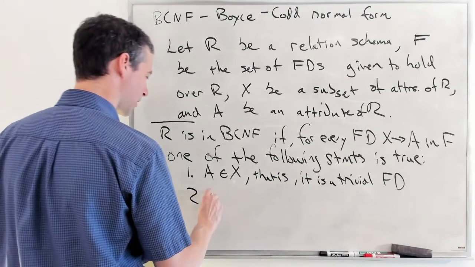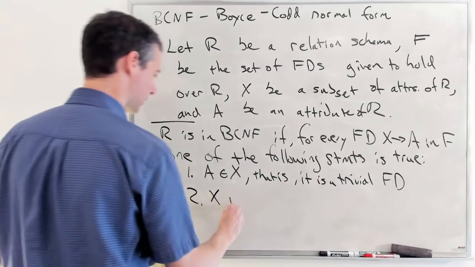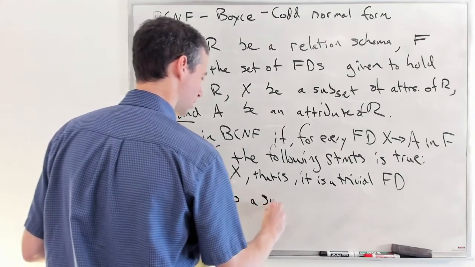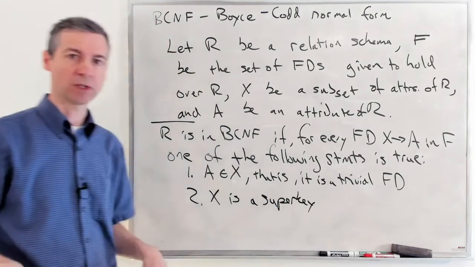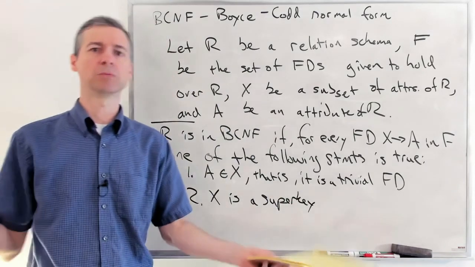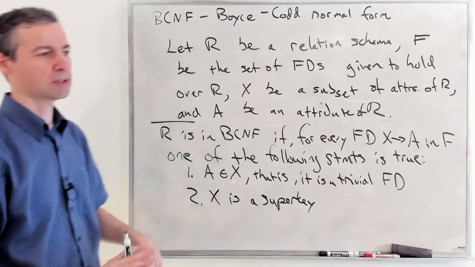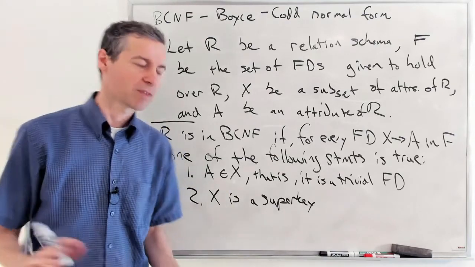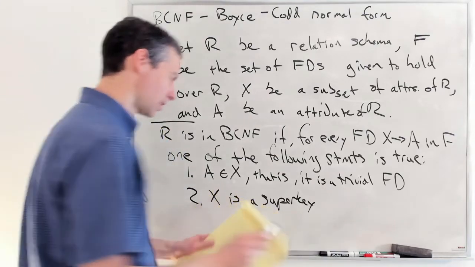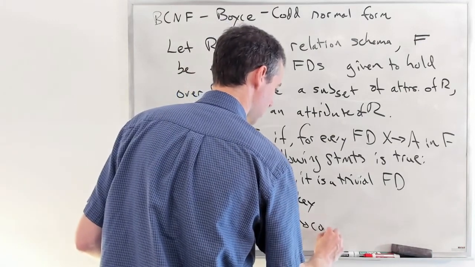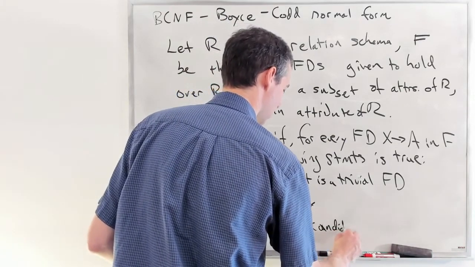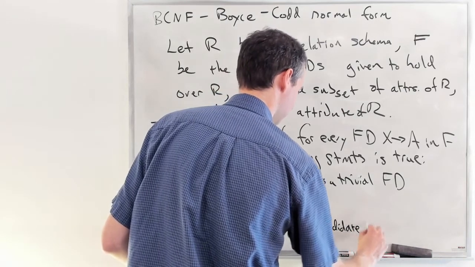So the big thing here is X is a super key. Now, in Jennifer Widom's videos, she says you're going to see some books say super key and some say candidate key. You can easily replace this in your mind with candidate key.